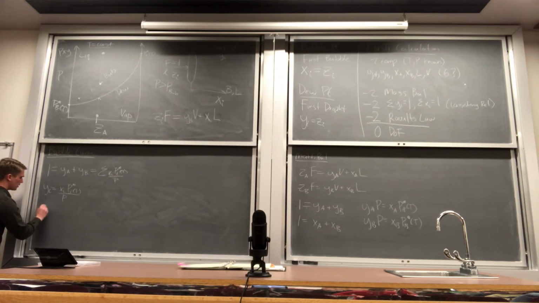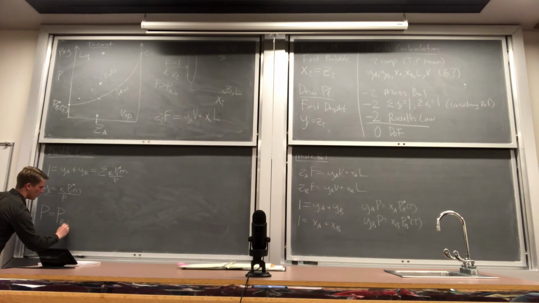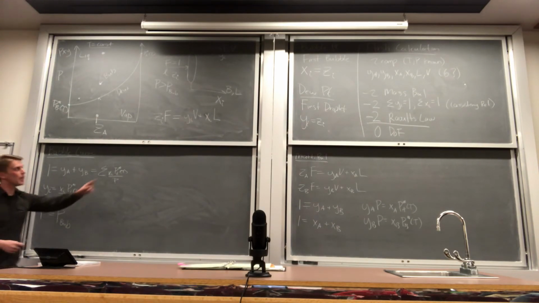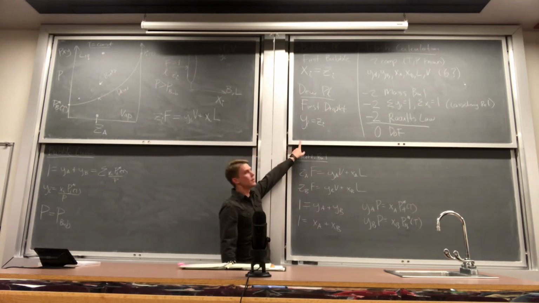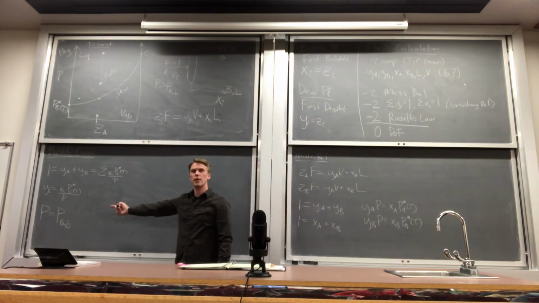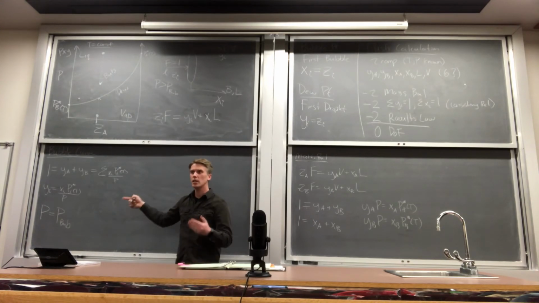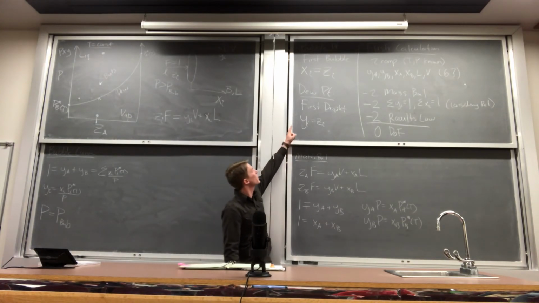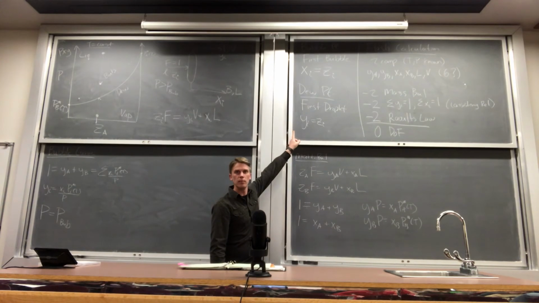So I rearrange this. We know P is equal to the bubble pressure because of the assumptions that we made here. But this equation is totally valid for a flash calculation, not only at the bubble point. What makes it the bubble point is this approximation where x is equal to z.